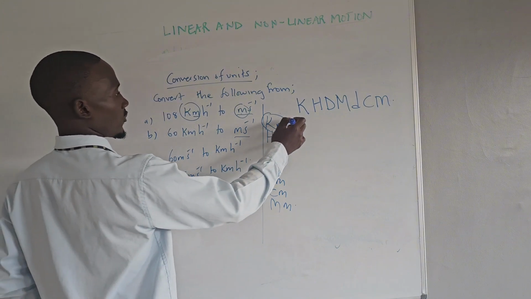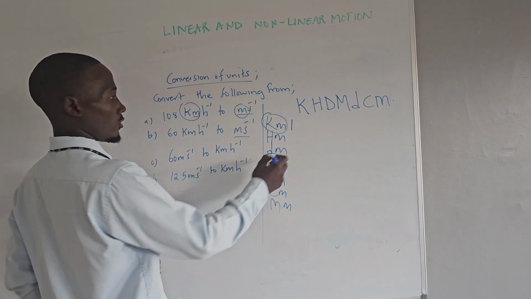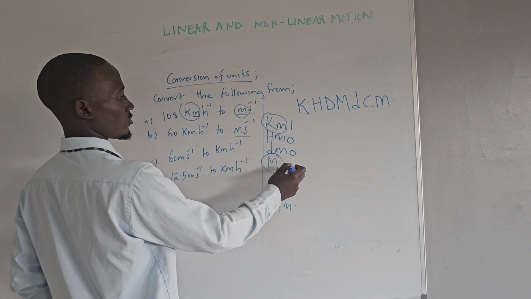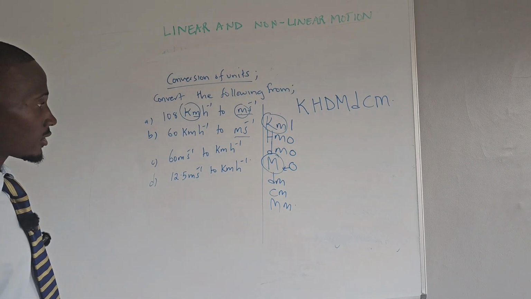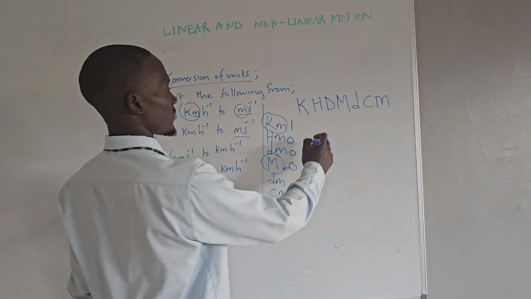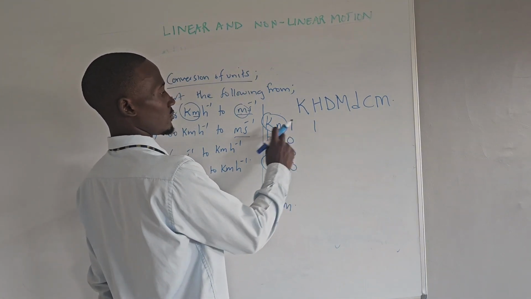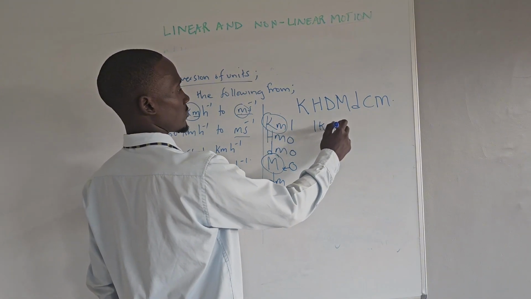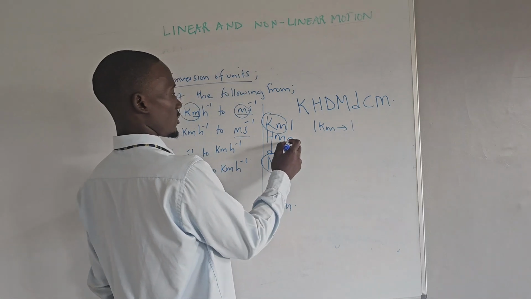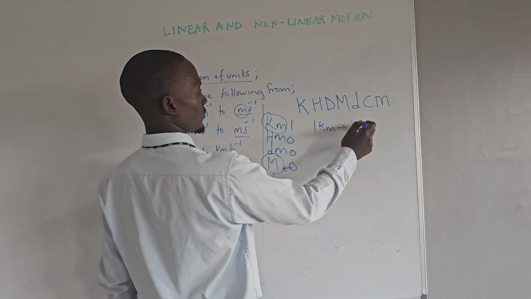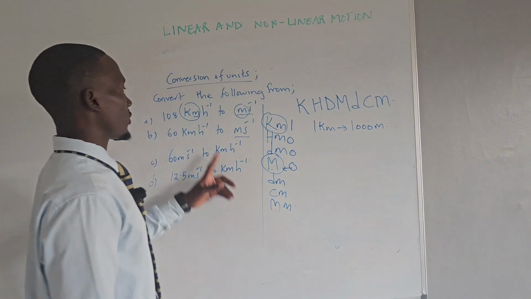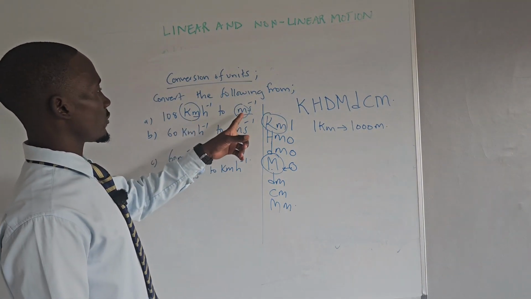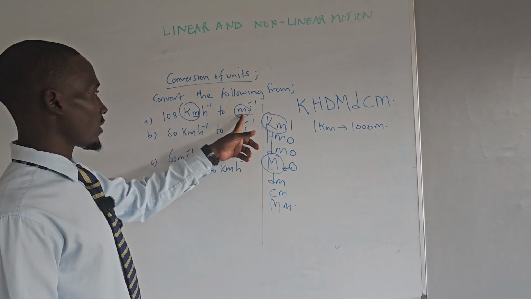So when you put a 1 here, put 0, 0, 0 until you reach a meter. So when you reach a meter, it implies that where you put a 1, it was a kilometer, and you counted 1, 2, 3 zeros to reach a meter. So it implies that 1 kilometer is equivalent to 1,000 meters.